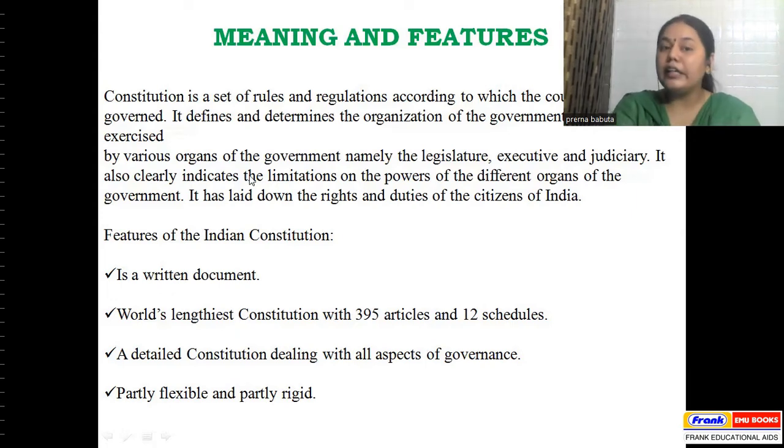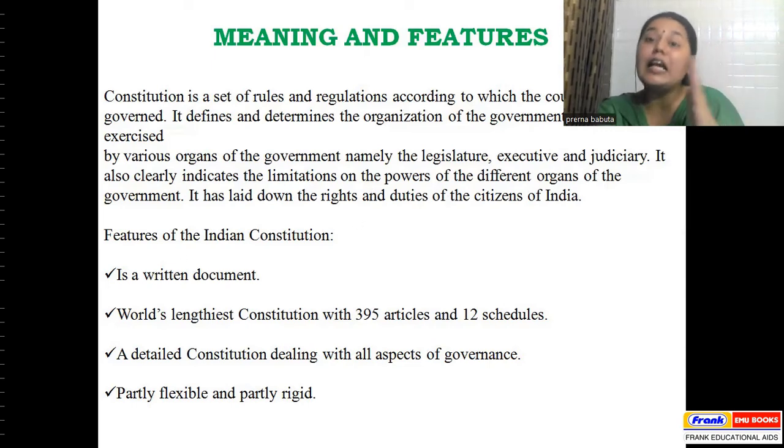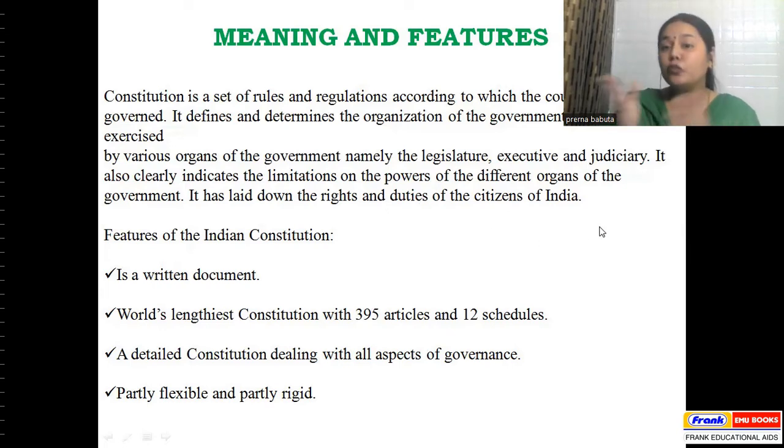It also clearly indicates the limitations of the powers of different organs of the government. It would not just say these are the powers. What are the limitations? To what extent can these powers be practiced? And it also lays down the rights and the duties of the citizens of India. We are going to be studying our fundamental rights and duties in the subsequent chapters. So this is about the meaning of the Indian Constitution.